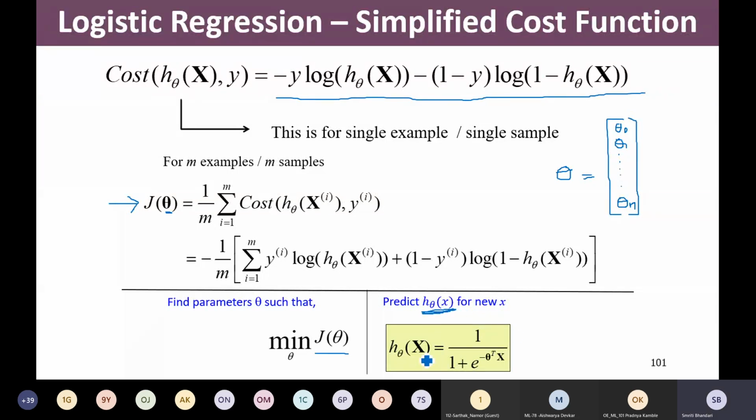So h theta x is of the form 1 divided by 1 plus e to the power minus theta transpose x. Whatever theta values we have got after minimizing J of theta, those theta values are used to define our hypothesis h theta x. And by making use of this h theta x, we are going to predict the class of a new example x.